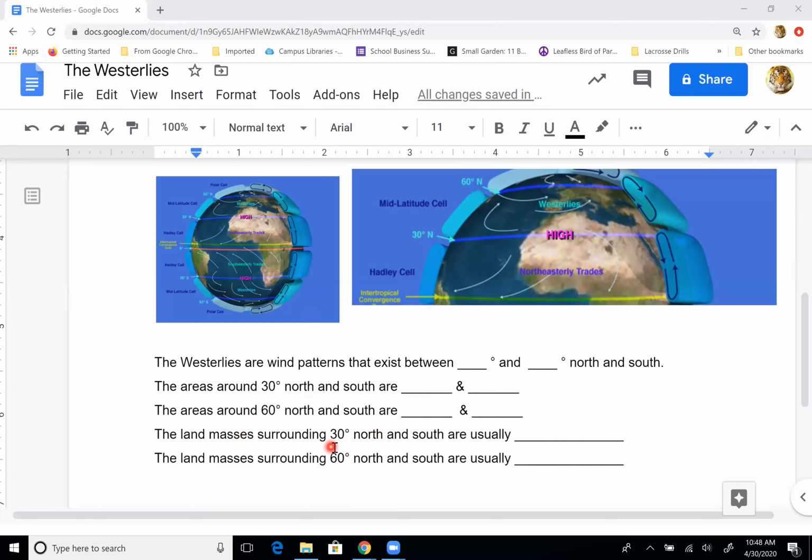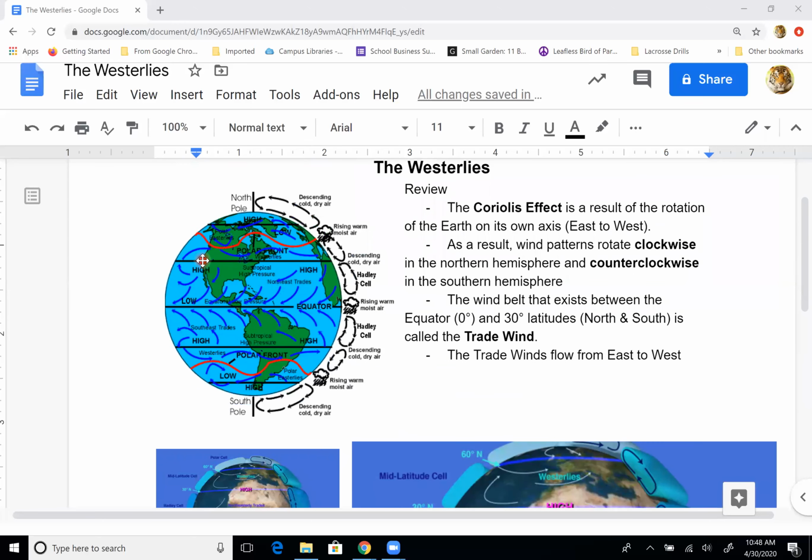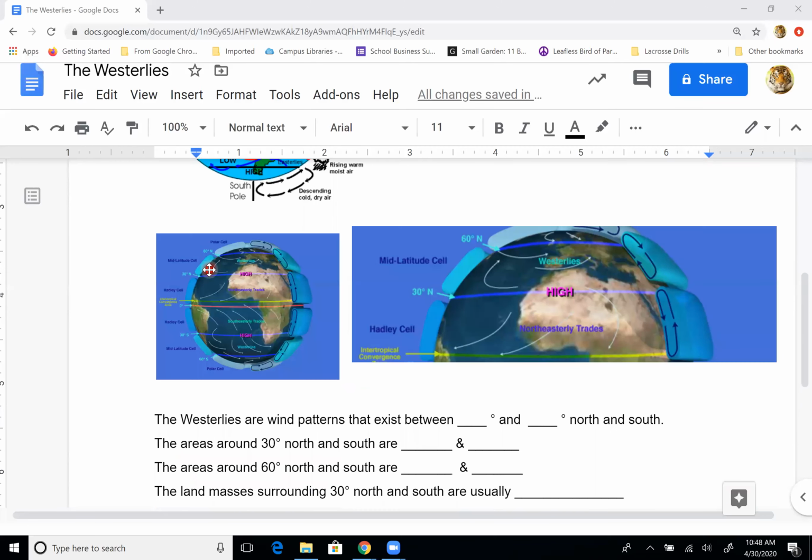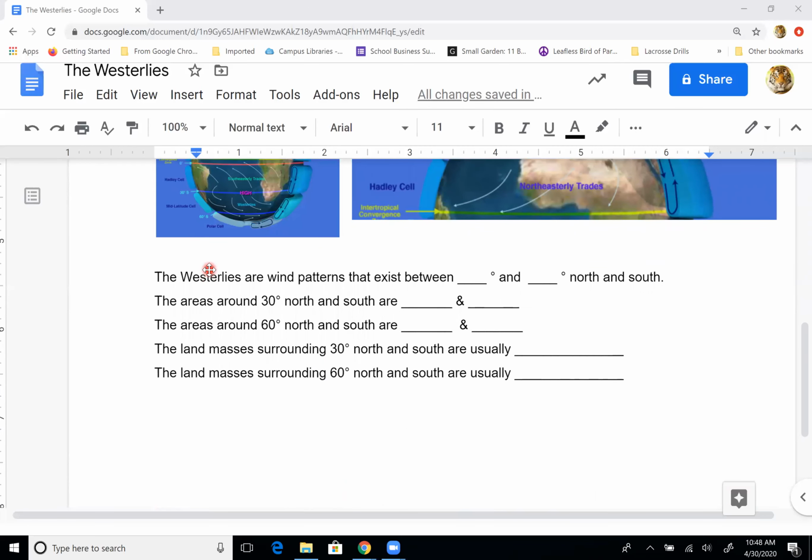The land masses surrounding 30 degrees north and south, we're talking about biomes here. What kind of biome is this? Usually these are deserts. In the United States, one important awesome state where you all live is surrounding 30 degrees, and parts of it are desert, but parts of it are not.